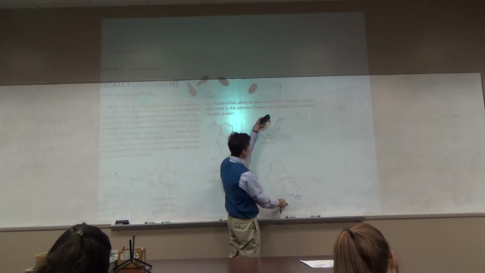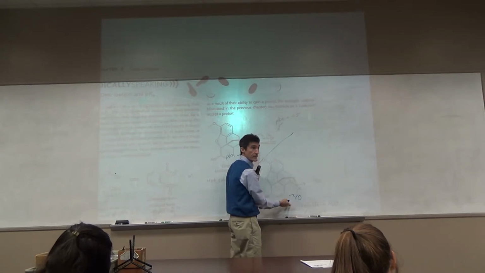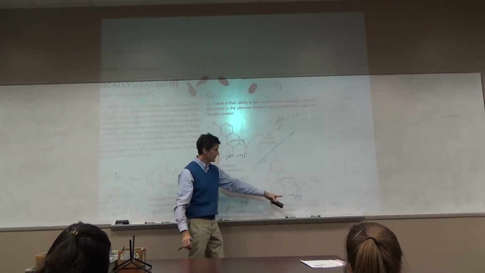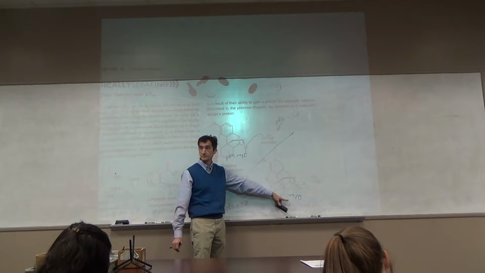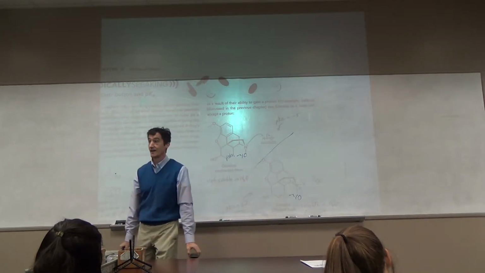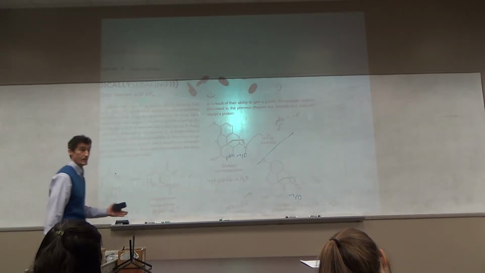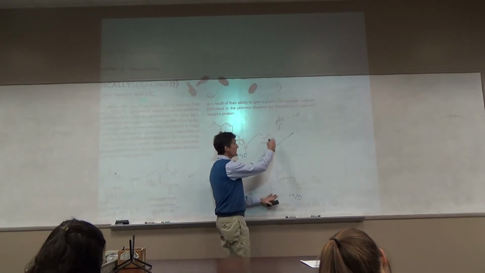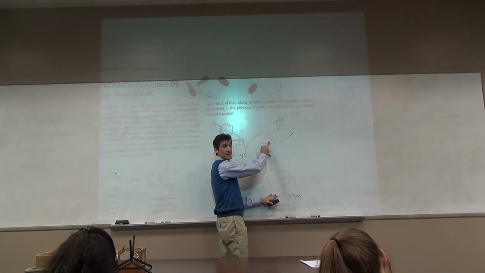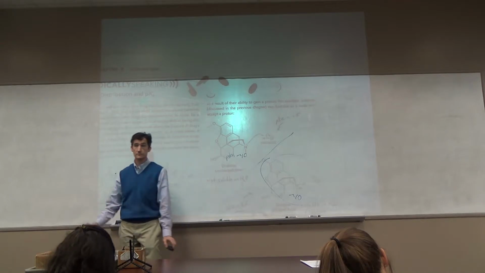Which is favored? -5, which is this side, or 10? 10. How much is this favored by? 10 to the 15. What's that? That's got to be at least 100 gazillion. Yeah, it's highly favored because we're using a strong acid. That's why, if you treat with HCl, you're going to have the hydrochloride salt.